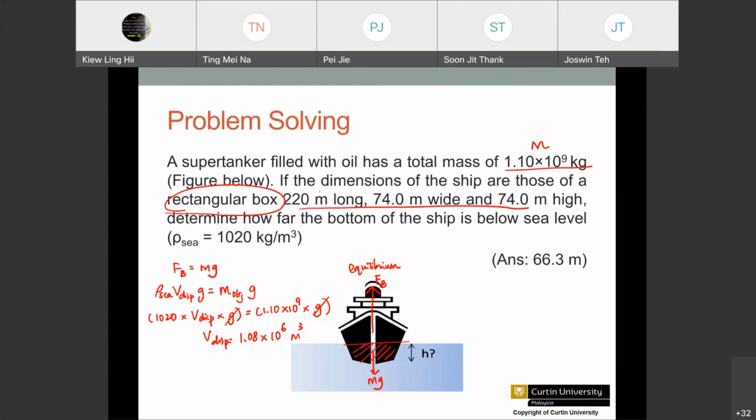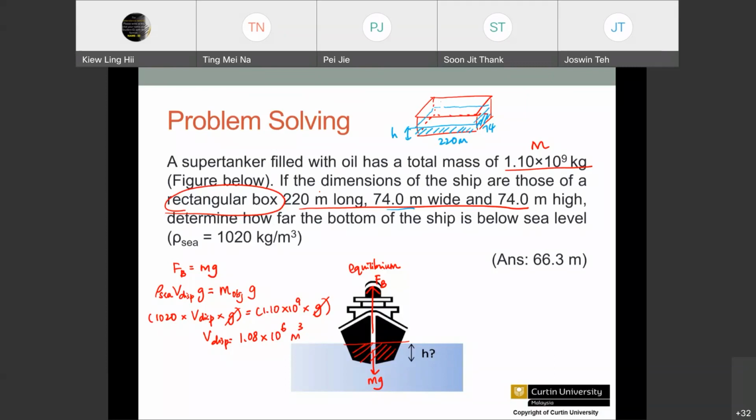So how do we find the volume? Imagine the supertanker as a rectangular box. So this is your supertanker, and perhaps this is the amount of water here, right? So we want to find what is this volume. Okay, so we know that the length is 220, width 74 meter.